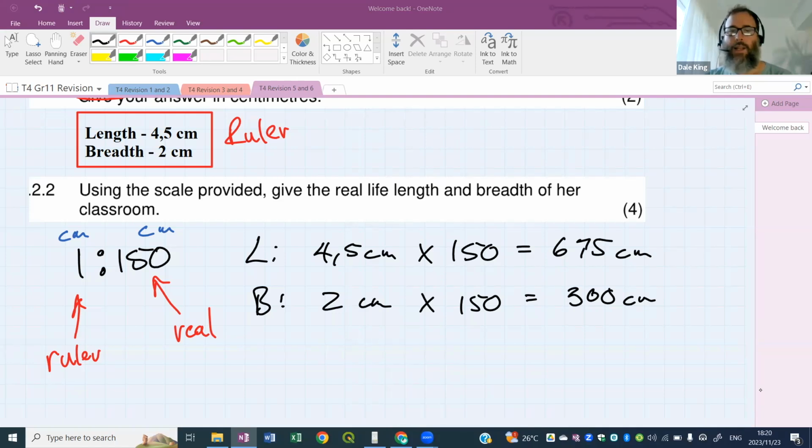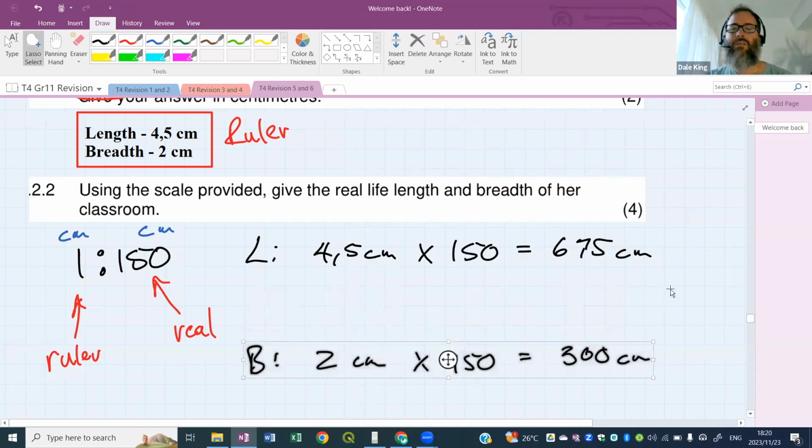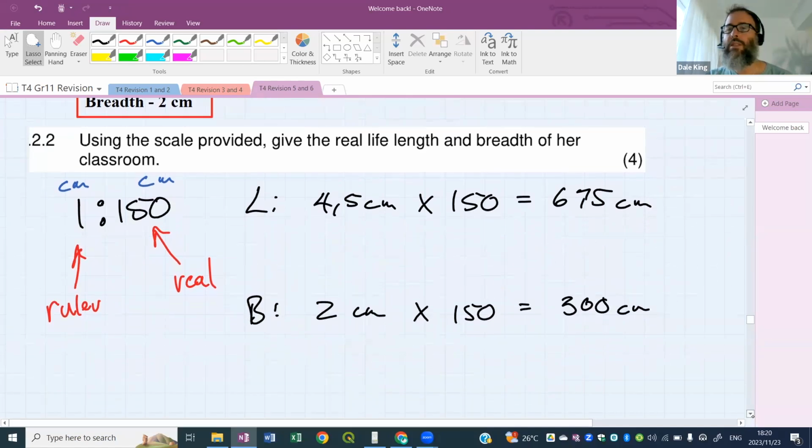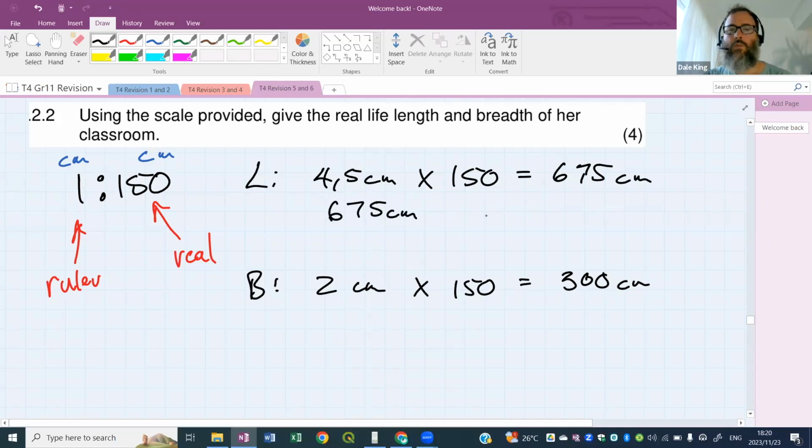All right. But let's say we wanted to convert these into meters, because how do you measure a classroom if not in meters? So how do we do that? What do we do to our 675 centimeters to get to meters? You all know. How many centimeters in a meter? Yes, 100.